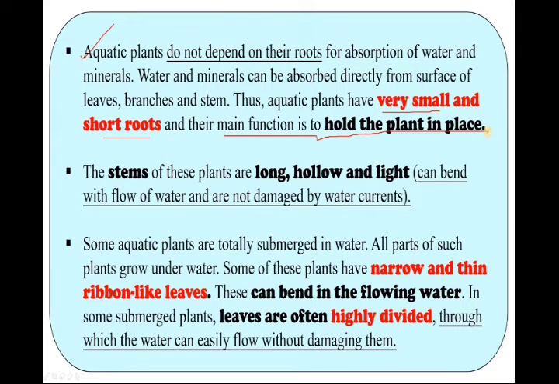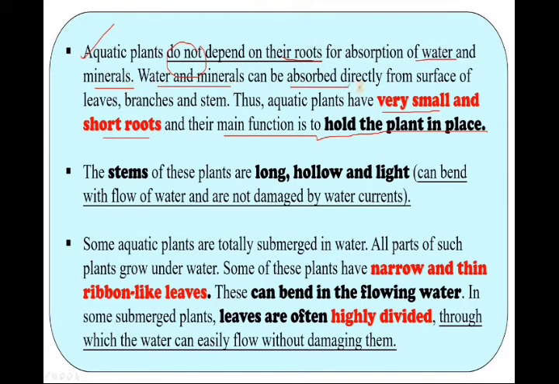Actually, the aquatic plants do not depend on their roots. Without roots they can survive, but what is the function actually? Why are the roots there? Because they just hold the plant in place. That is the only function, because water is available, because the plants are surviving in the water itself, they need not absorb any kind of water.